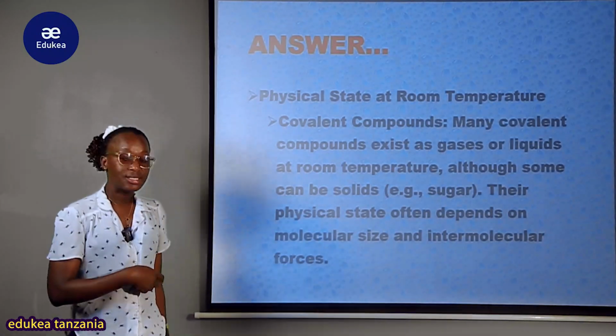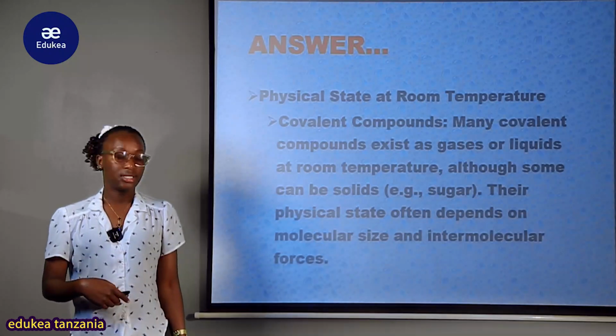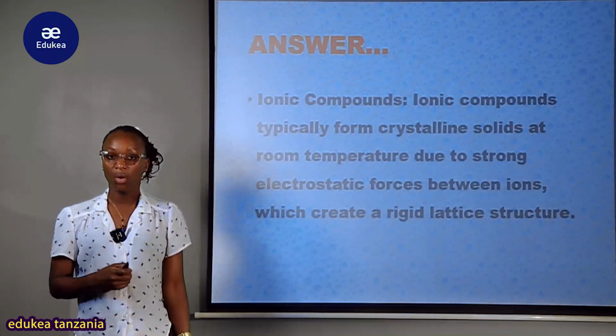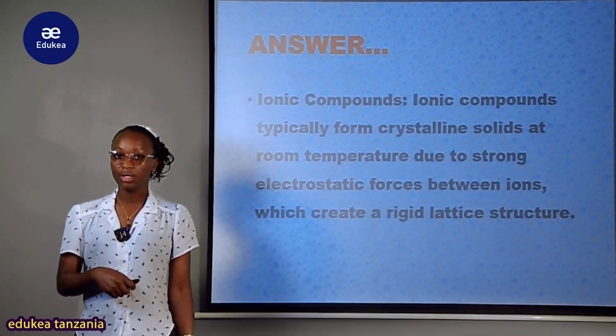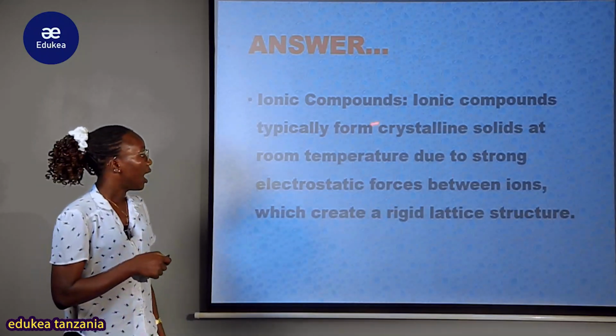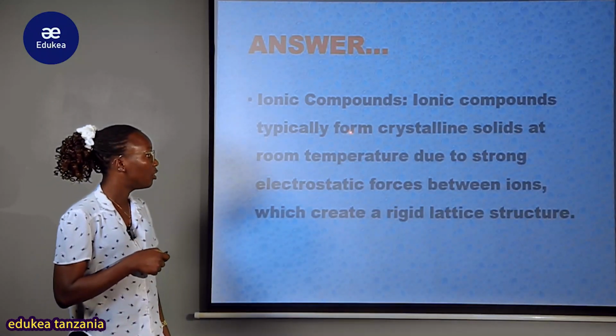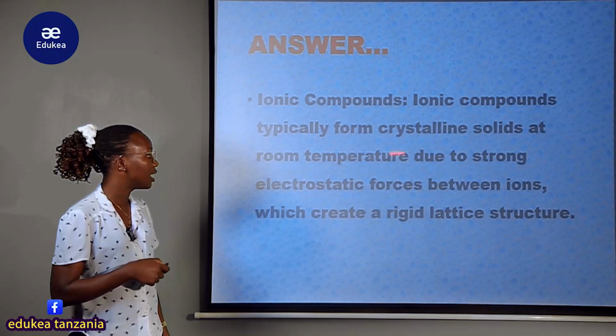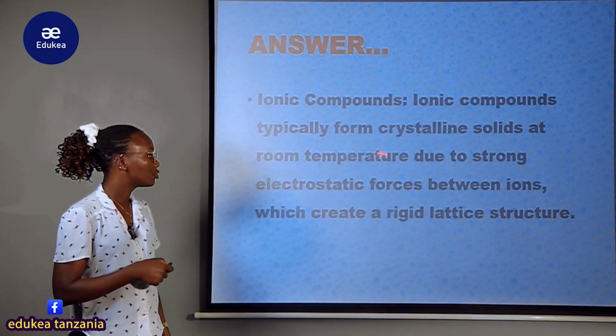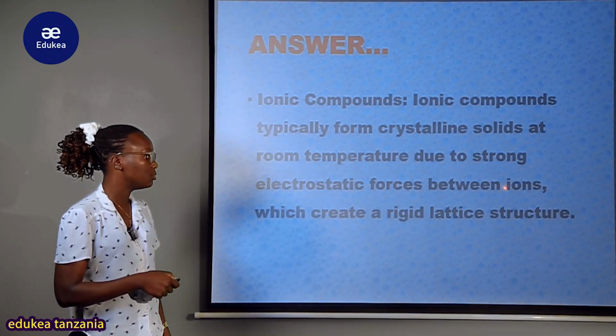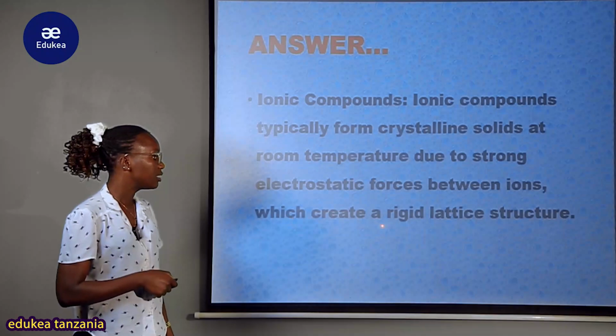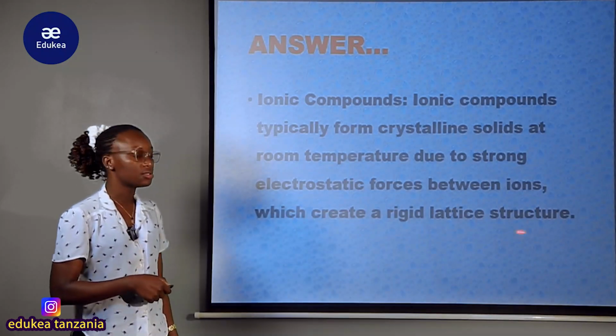Okay, that is in terms of covalent. Now let us see in terms of ionic compound or electrovalent compound. Simply, ionic compounds typically form crystalline salts at room temperature due to strong electrostatic force between ions, which create a rigid lattice structure.